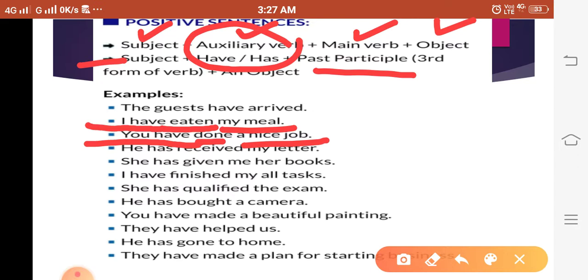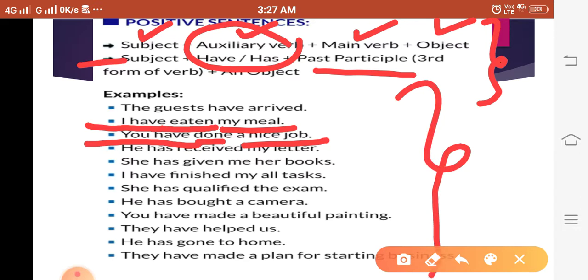Now similarly, using the same sentence structure, the following sentences have been formed. Let me read them out for you all. He has received my letter. Received is the third form of the verb receive. She has given me her book.